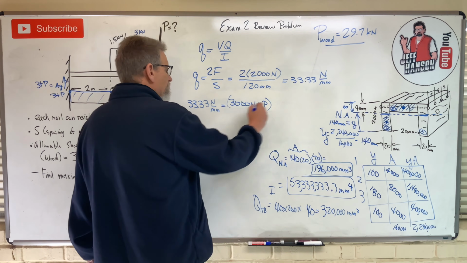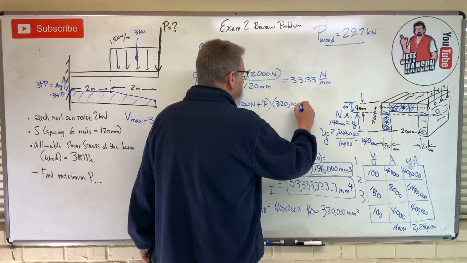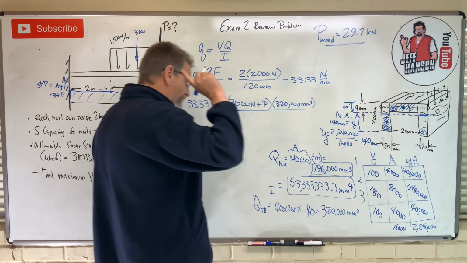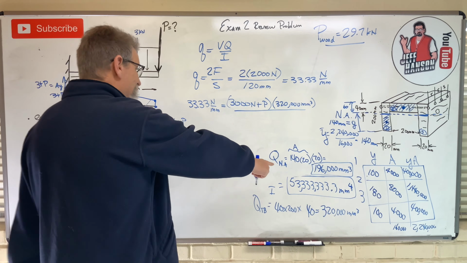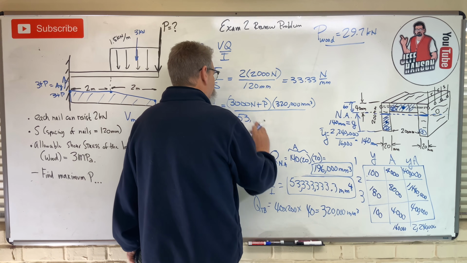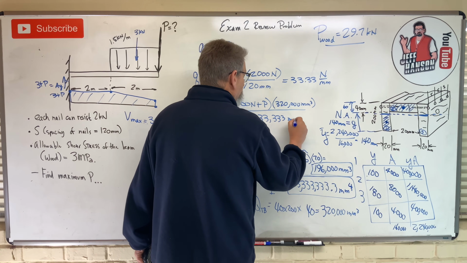So V Q, 320,000 millimeters cubed divided by I. Guess what? Same I, 53 million, 333 millimeters to the fourth.